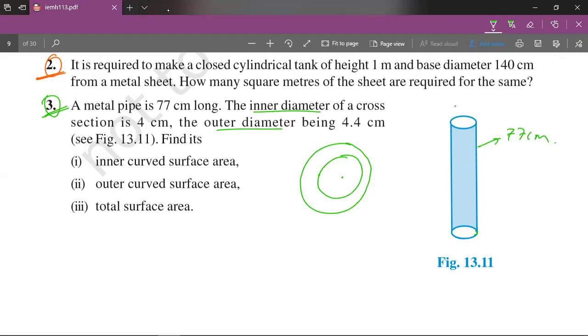By considering radius, if we look at the top of the cylinder, the inner radius, we'll consider it as a small r, and the outer radius, I'll just shade this portion.